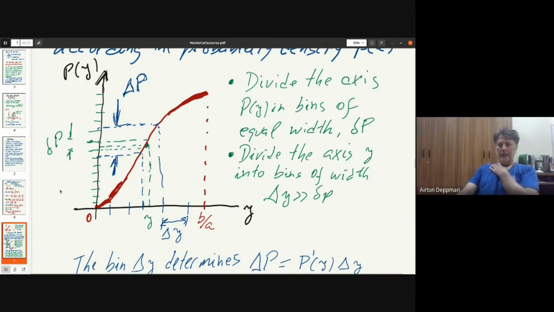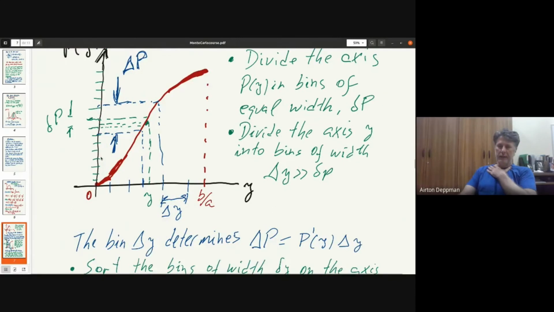So let's suppose now we can somehow have a uniform distribution here. So I can select events along this axis. Let's observe that when I have this delta P defined, I can count how many intervals, how many bins of small delta p will appear inside this range.